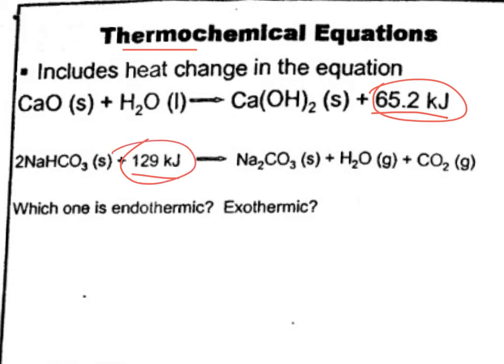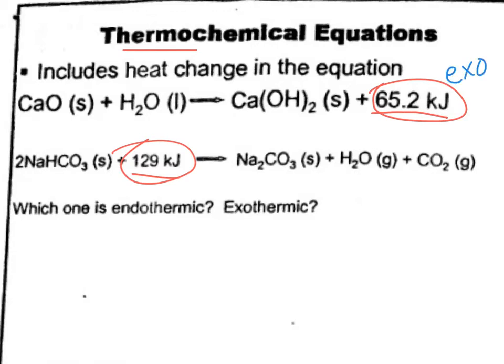So then you have to go back to your definitions for endothermic and exothermic. Exothermic means that heat is being lost. So which one looks like heat is being lost? The one on the product side or the one on the reactant side? The one on the product side over here indicates that this is exothermic.